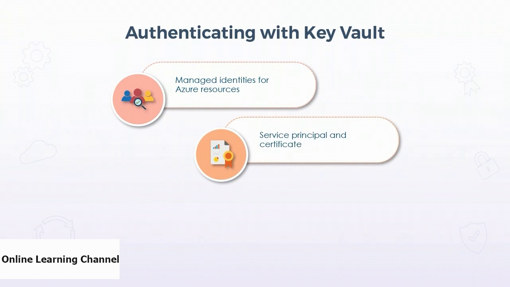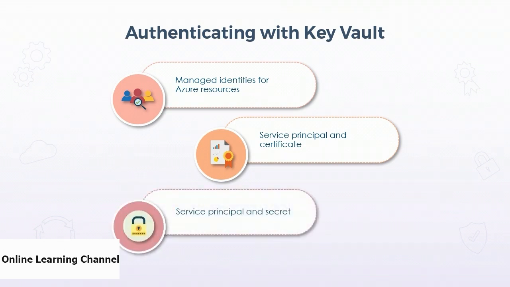You can also use service principals and certificates. When you use a service principal and certificate that has access to the Key Vault, it's not overly recommended, because the application owner or the developer is responsible for rotating the certificate, and this is not usually aligned with the compliance and security values of your organization. And finally, a service principal and a secret.